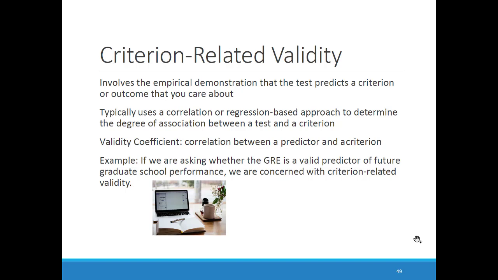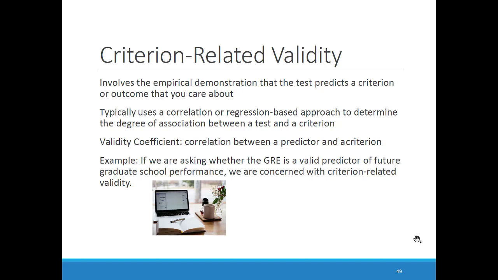If we are asking whether the GRE is a valid predictor of future graduate school performance, then we are concerned with criterion-related validity. There is some debate as to whether or not the GRE is a valid predictor of future graduate school performance.